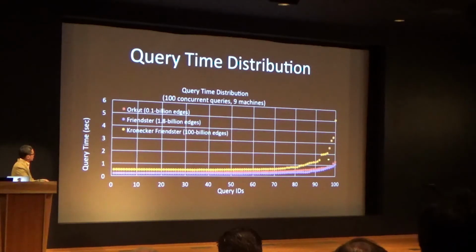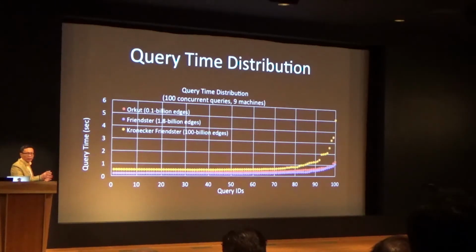And then for the smaller graph, the performance is like this. And you can see, indeed, the system is pretty scalable in the sense that if the data set size increases dramatically, the response time does not increase a lot.